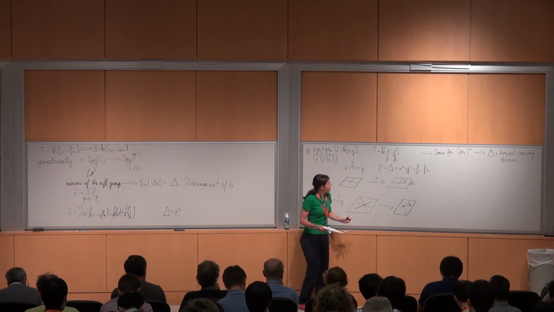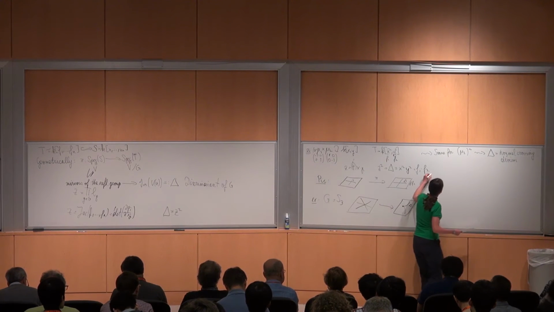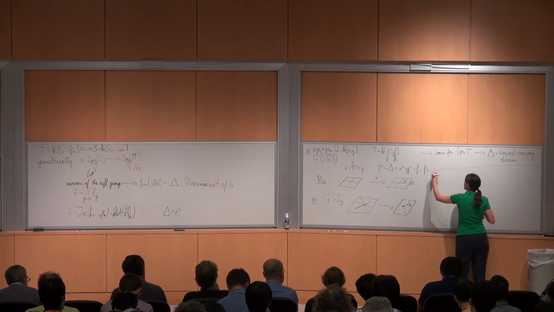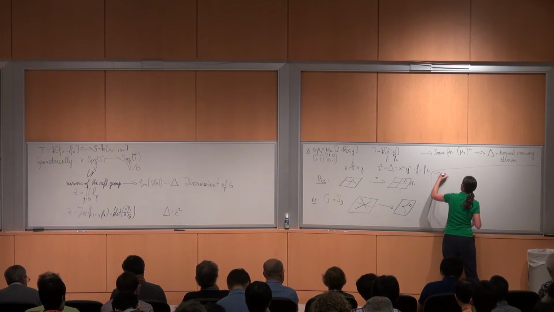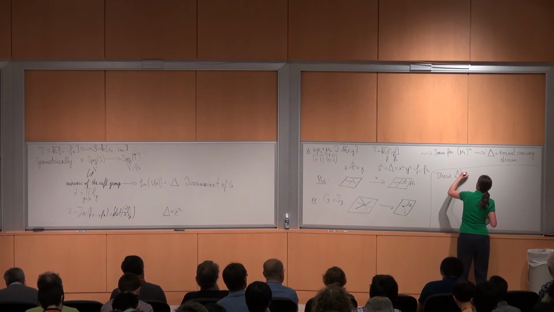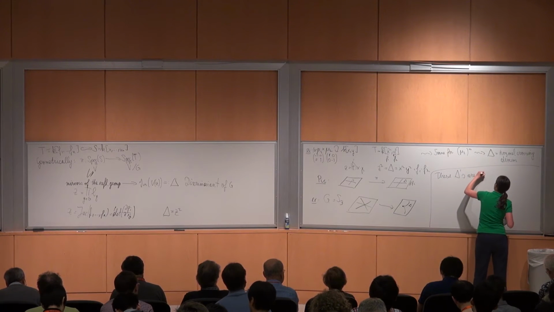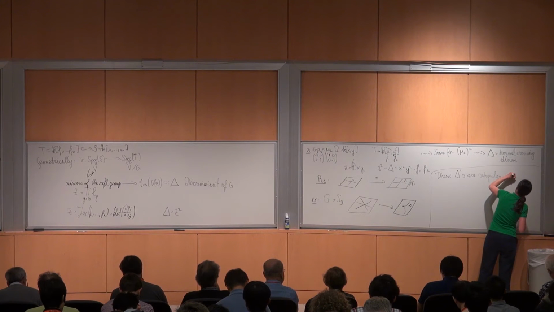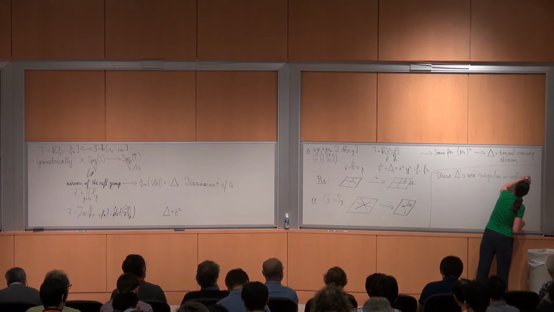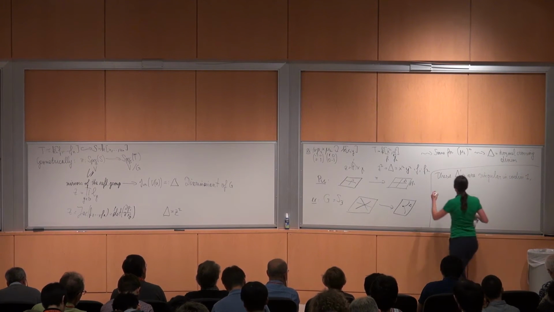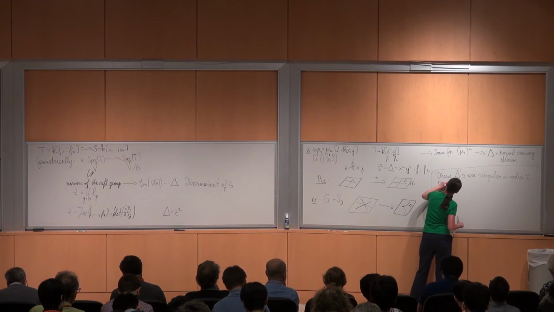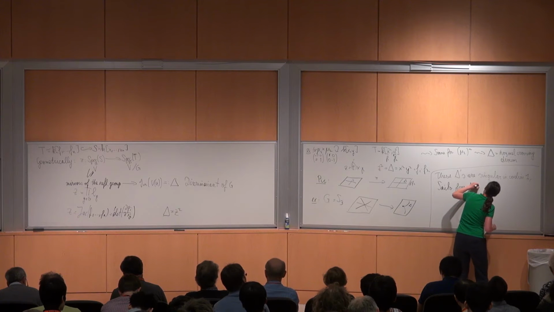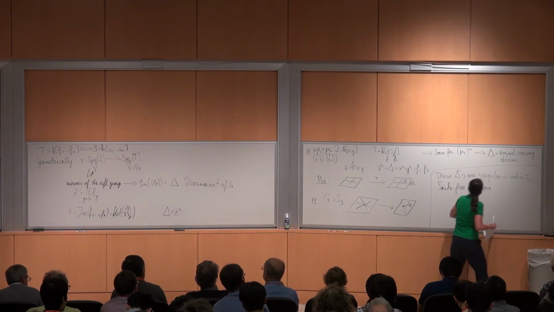And so in general, one can show that these discriminants, so these deltas, are singular in codimension 1. And they're even called free divisors.